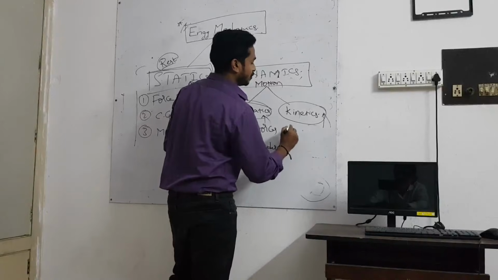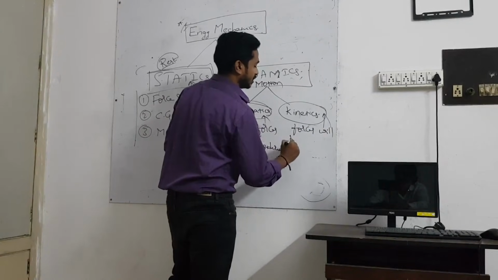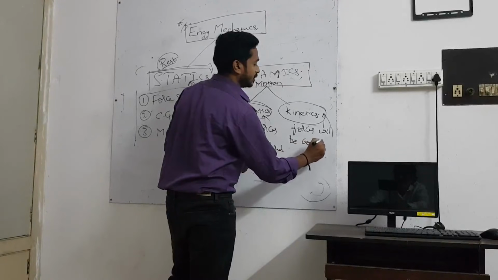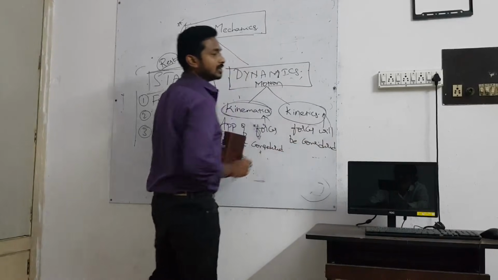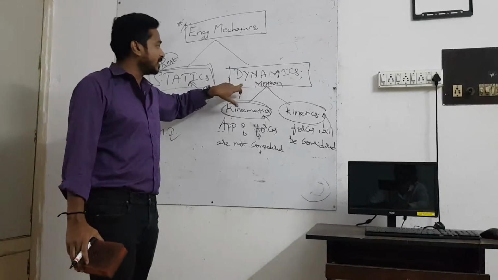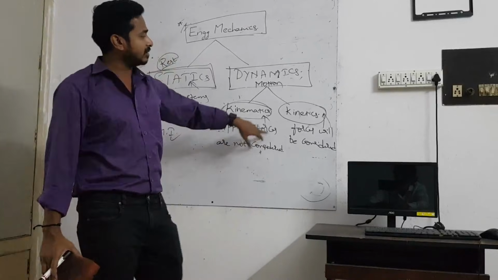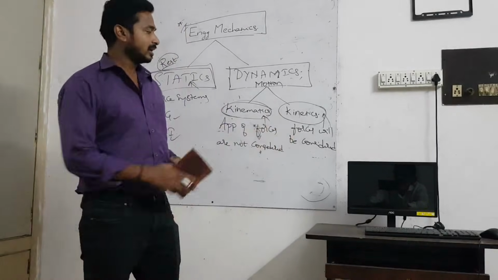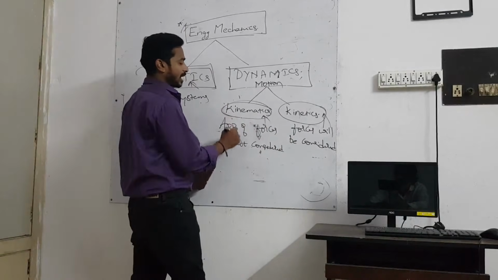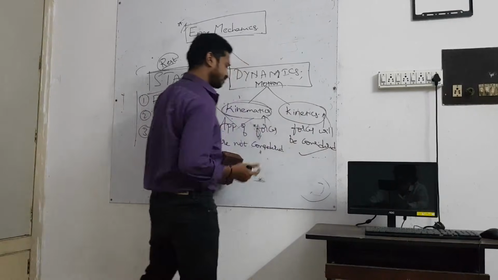Here the forces will be considered. Got it? So dynamics entirely depends on what the body will be in motion. In kinetics, the body will move. In kinematics, also the body will move. But in kinematics, you will not apply any kind of forces, but here you apply the forces.